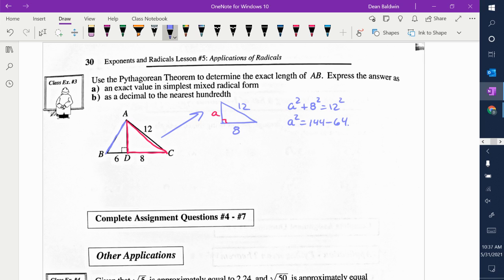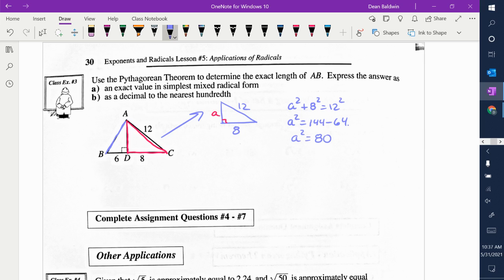Is everybody good with that? Please speak up if you don't know what I did there. We're good? Okay. 144 minus 64 is 80. Is that right? Okay, a squared is 80.